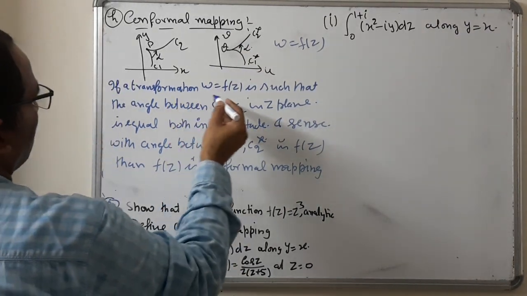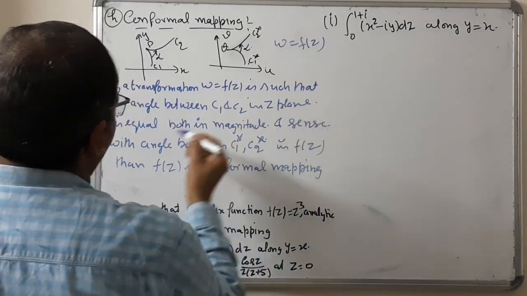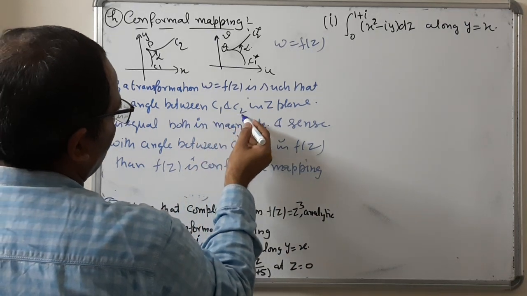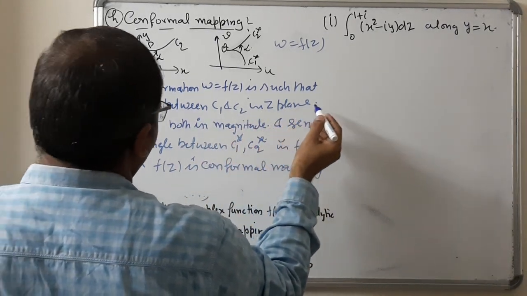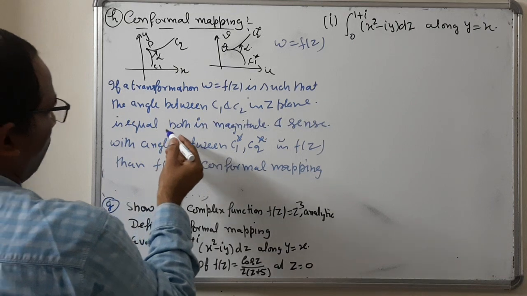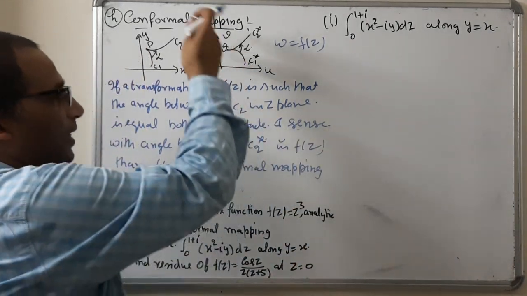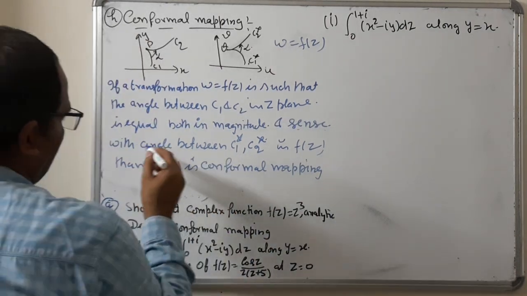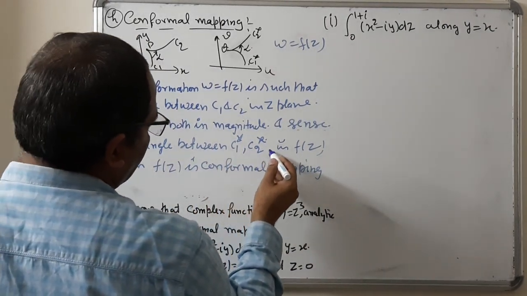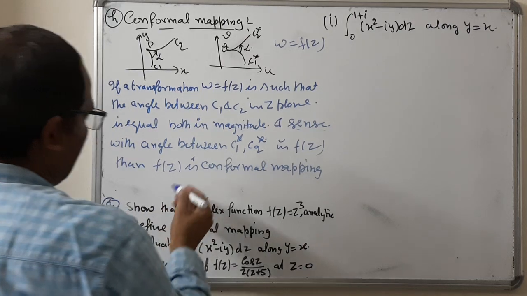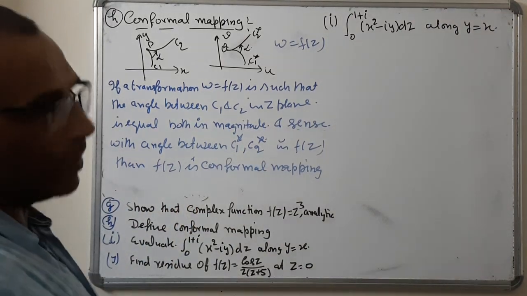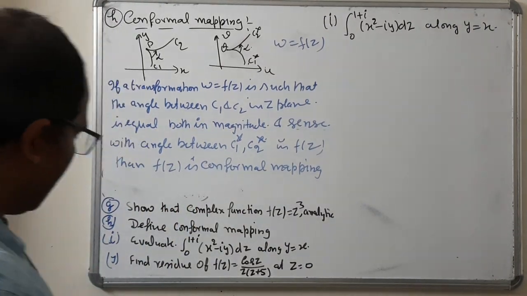So if a transformation w equal to f(z) is such that the angle between any two curves c1 and c2 in the z plane is equal both in magnitude and sense to the angle between c1 star and c2 star in the w plane, where sense means direction, then f(z) is a conformal mapping.